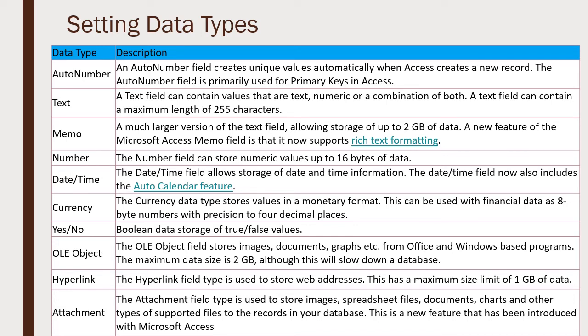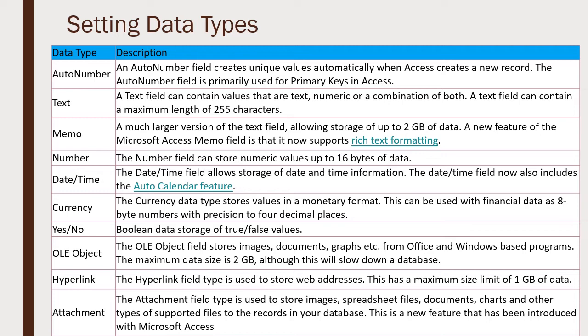So you have to use this memo. It is used to store long text like notes and descriptions. It can store up to 65,536 characters, or we can say up to 2 GB.